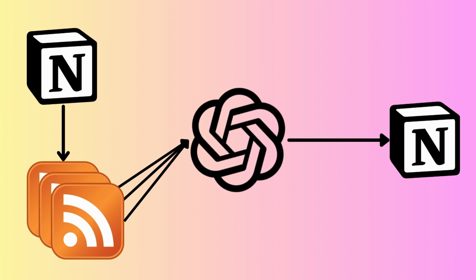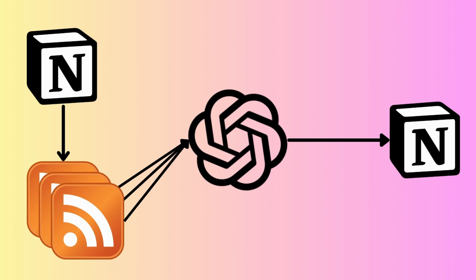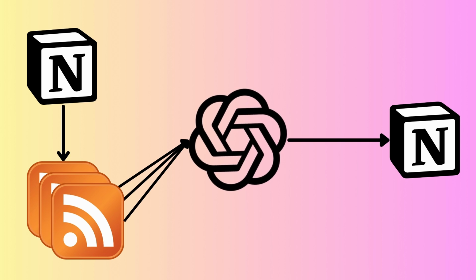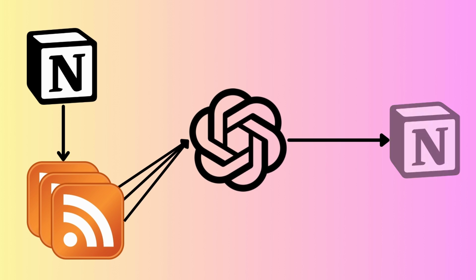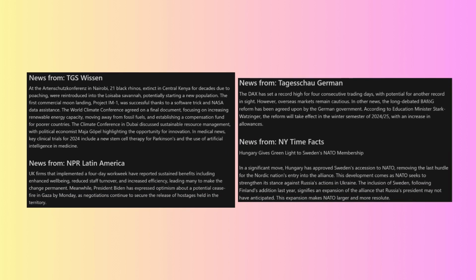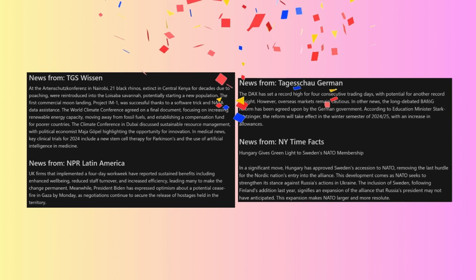Here's the magic. We are going to filter the news. We will transform the news. And then, easy peasy, we are going to save our own custom news page in Notion. Just like this. And here you can see all the positive news. And we are happy with our news site for today.